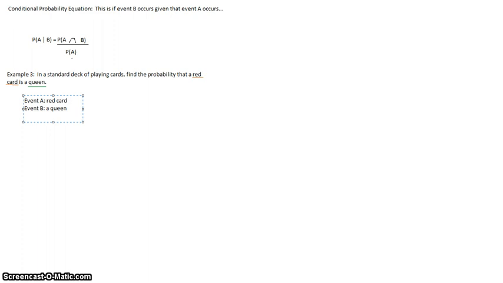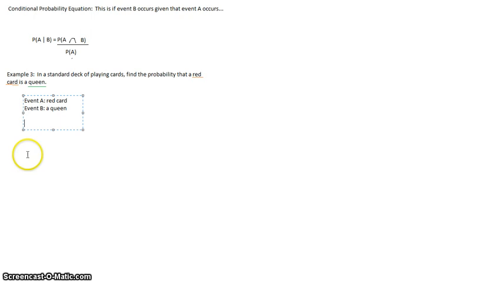And so I'm going to use my equation, and I want to find the probability of A intersecting B. In other words, I want to figure out what is a card that is both a red card and a queen. How many cards are both red cards and queen cards? If I think about it, there are actually two cards.